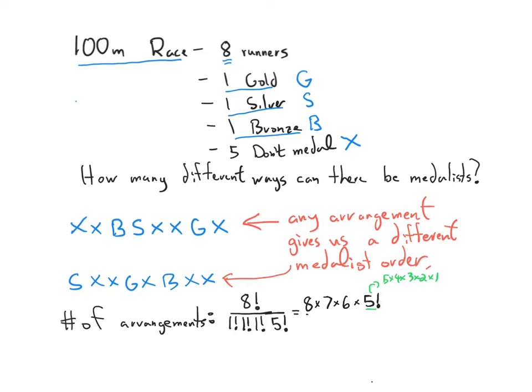And then I can easily cancel that out with the 5 factorial in the denominator. So this factorial cancels out with this factorial, and we're left with just 8 times 7 times 6, which you can work out with a little multiplication as 336. So there are 336 different ways that these 8 runners can medal.